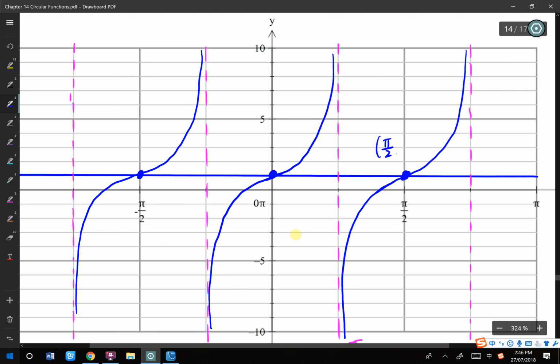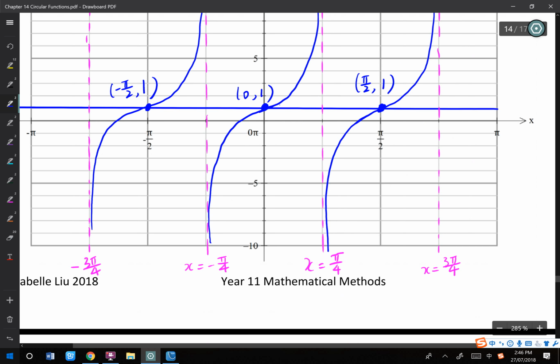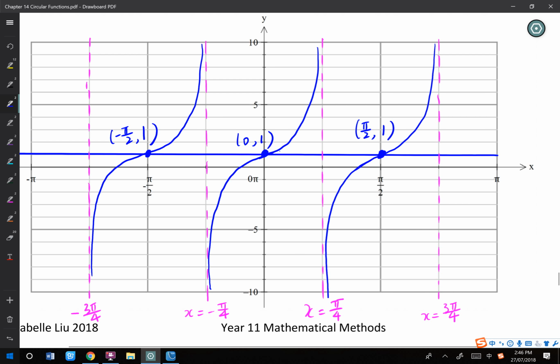Okay, that's 0.2, 1, that's 0, 1, that's negative 0.2, 1. And you need to label the 4 asymptotes as well. Yeah, that's the shape. Yeah, that's it.